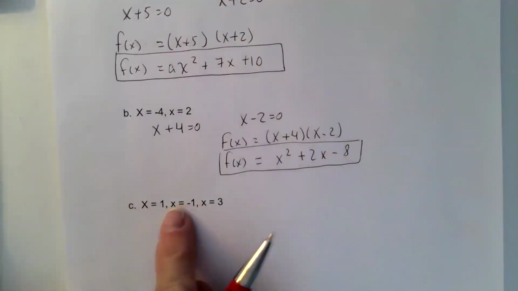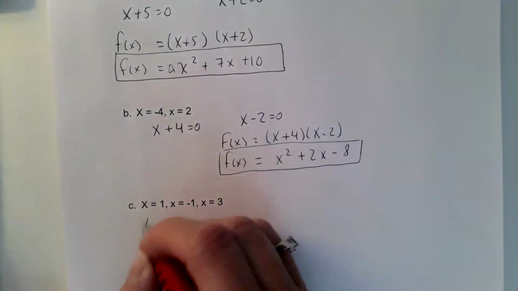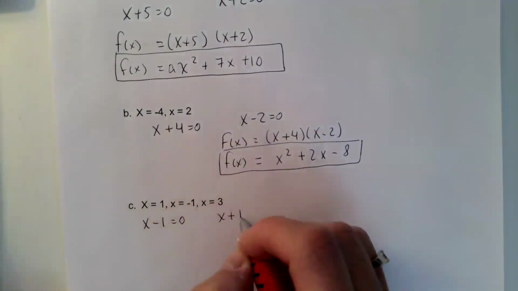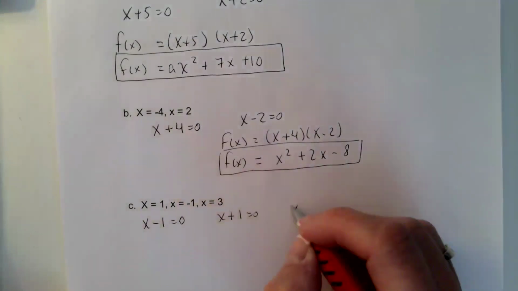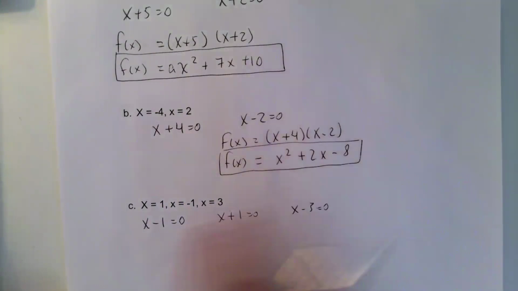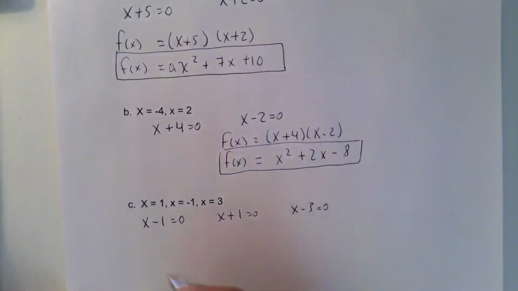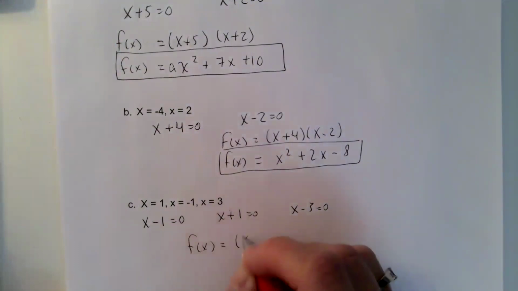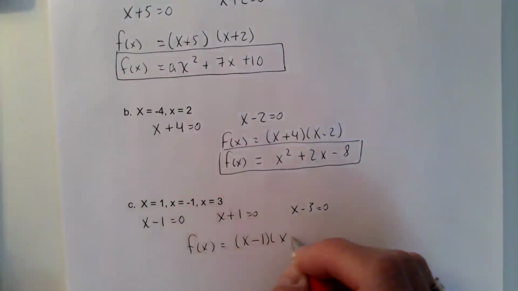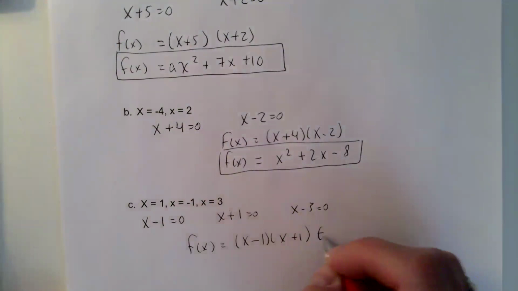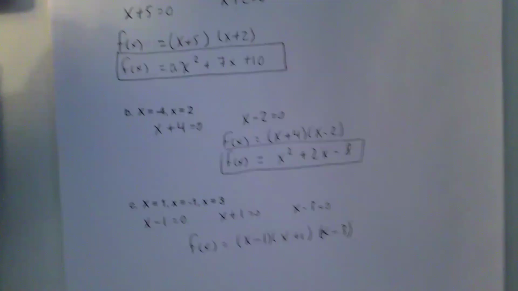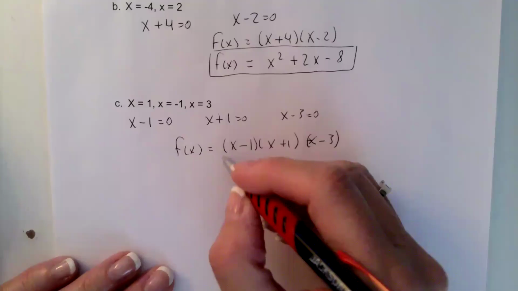Now c, that's cool. These must be conjugates. So this would be an x minus 1 and x plus 1, and then an x minus 3. So this is a cubic equation. Those conjugates, we're going to multiply first.